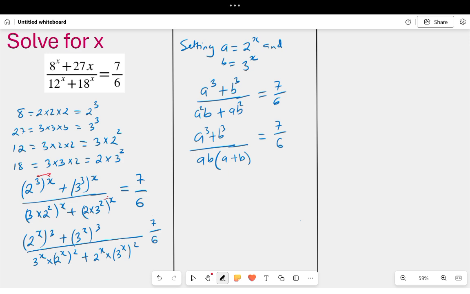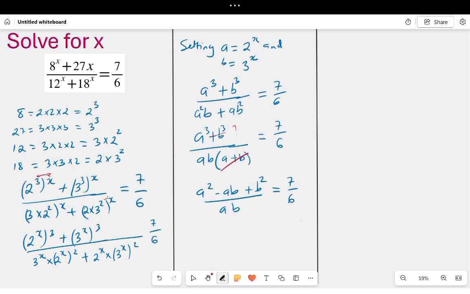Now, from the algebra formulas, we know a cubed plus b cubed divided by a plus b is simply going to be equal to a squared minus ab plus b squared. Then now you are left with ab, which is equal to 7 over 6.